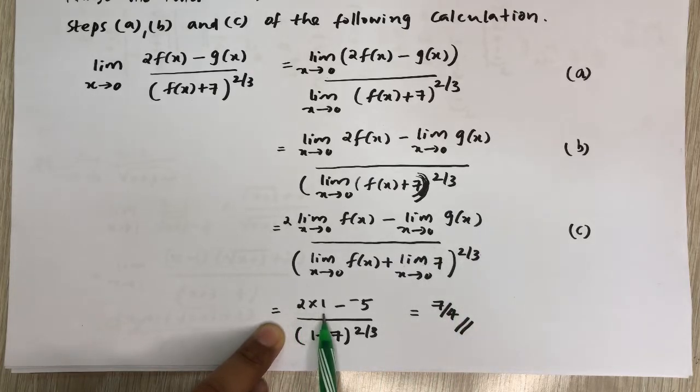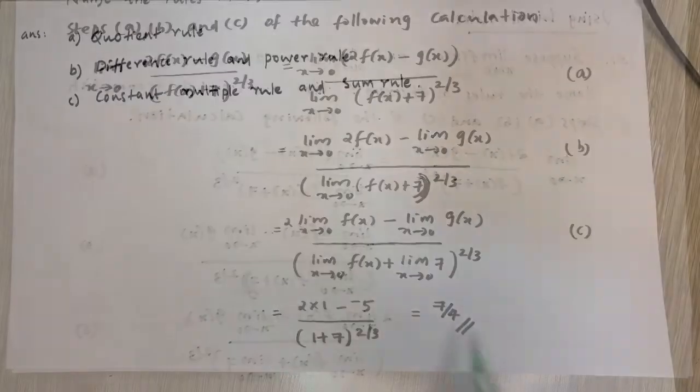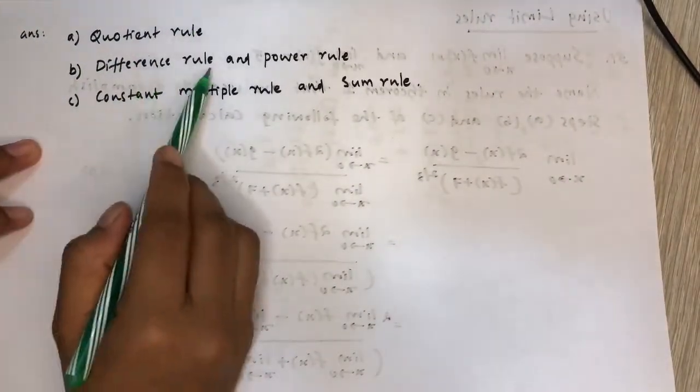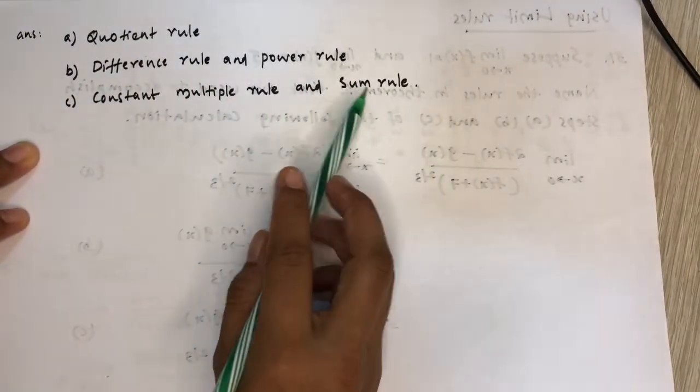We get (2 times 1 minus (minus 5)) by (1 plus 7) whole raised to 2/3, equal to 7 by (1 plus 7) whole power 2/3, which is 8 power 2/3. 8 power 1/3 is just the cube root of 8, which is 2. 2 raised to 2 is 4. So 7 by 4. Therefore the answer is: A, quotient rule; B, difference rule and power rule; C, constant multiple rule and sum rule.